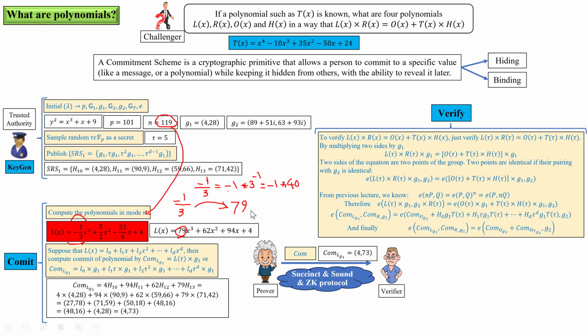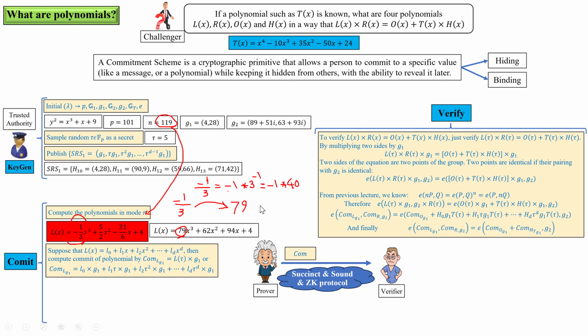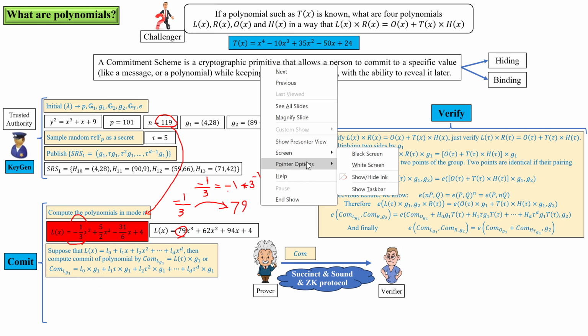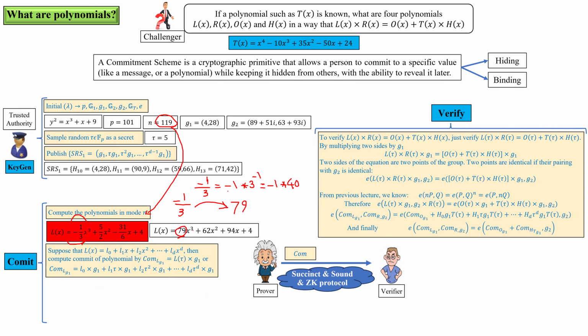So it equals 79. Then the computed value 79 is correct, and I have shown how to convert the coefficient minus 1 over 3 in mod 119.